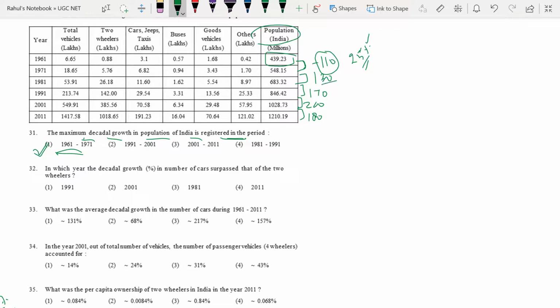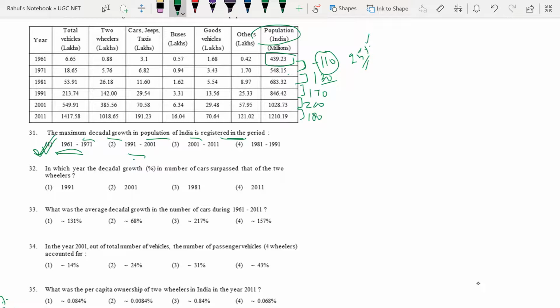But 130 to 1548 ratio is not that much, and 200 to 846, okay, it's also around 25. Do we have 91 to 2000? Okay, we also have this option, so need to do it accurately. Okay, again option 1 is the correct answer, you can do it. So maximal decadal growth is in the 1961 to 1971.